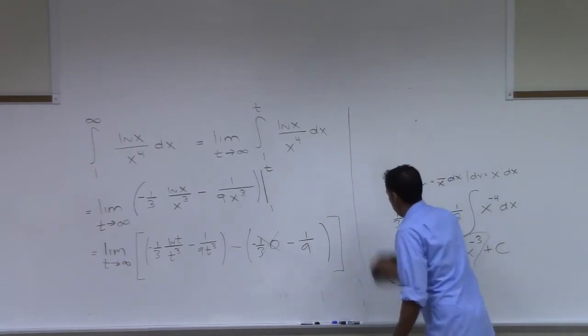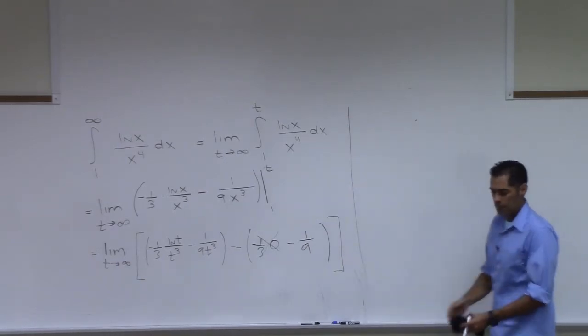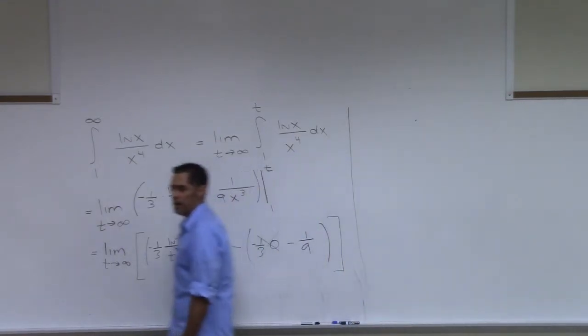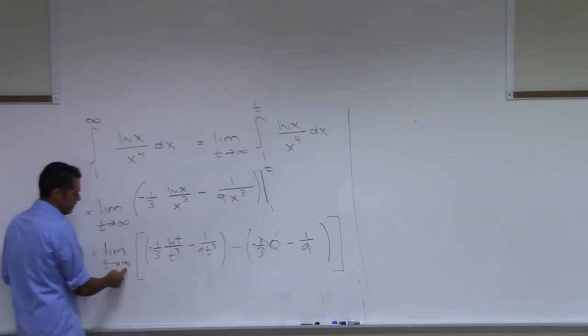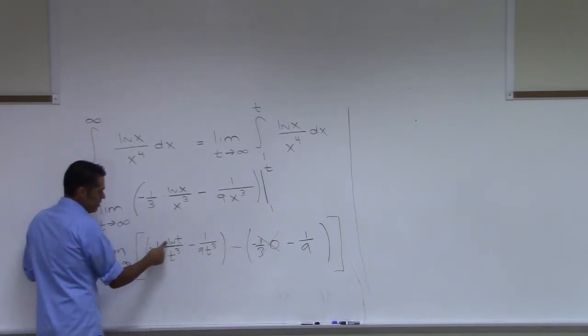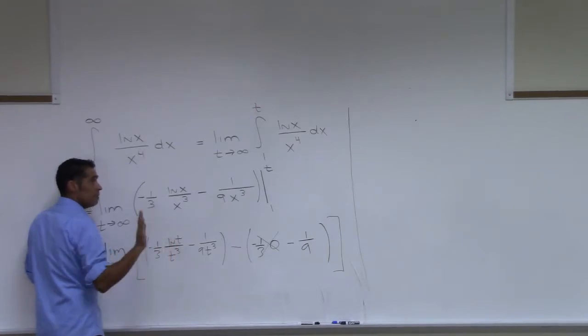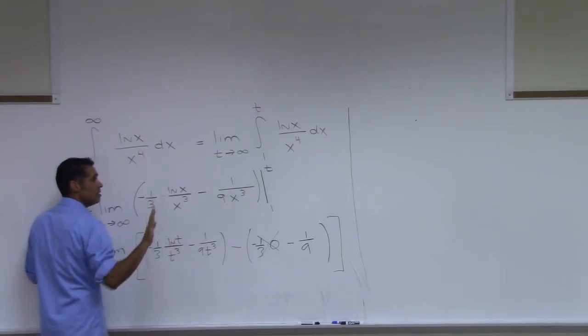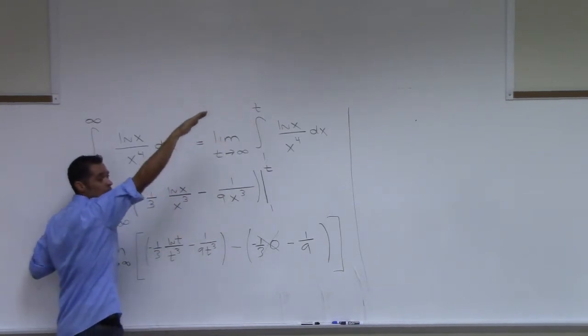What's our next step? Yeah, let's let t go to infinity now. So we take a limit now. As t goes to infinity, what does natural log of t approach? You're visualizing the natural log function. As you go to infinity, it's growing slowly, going to infinity.